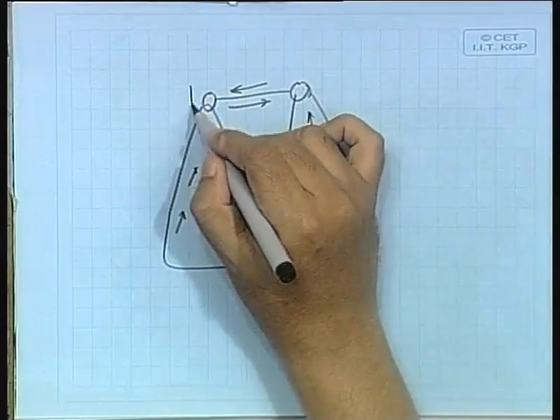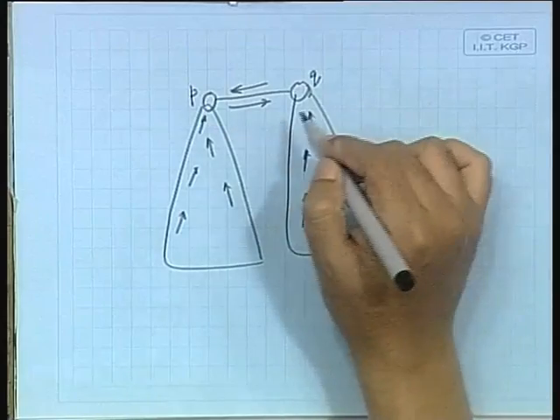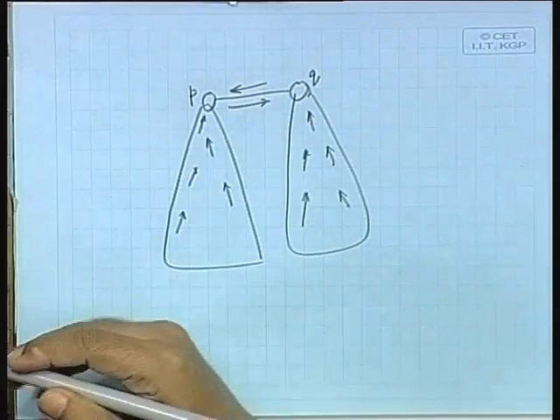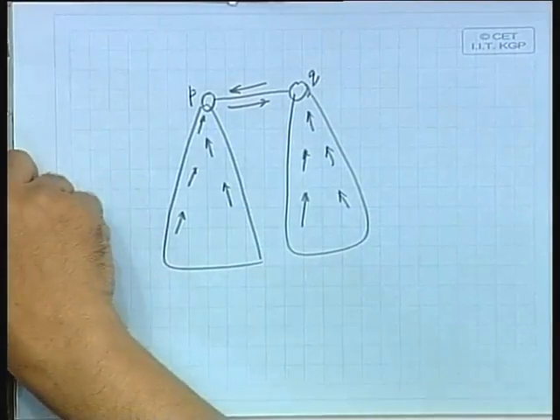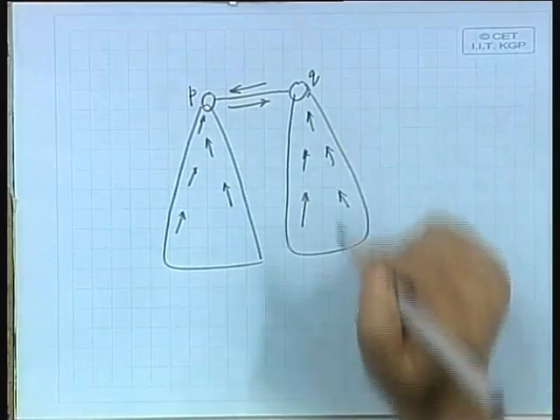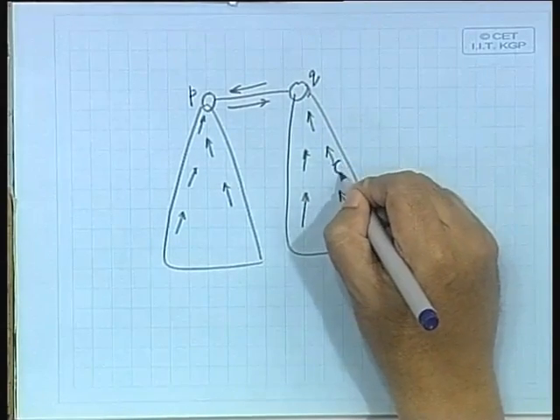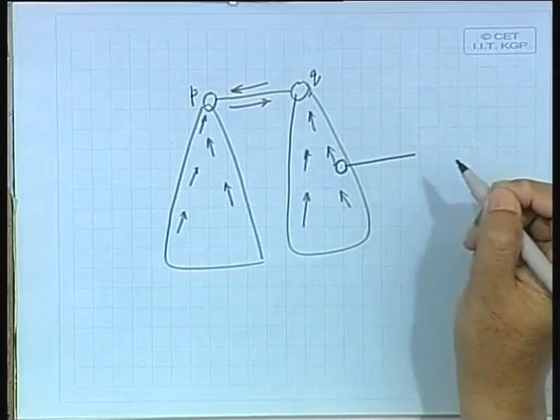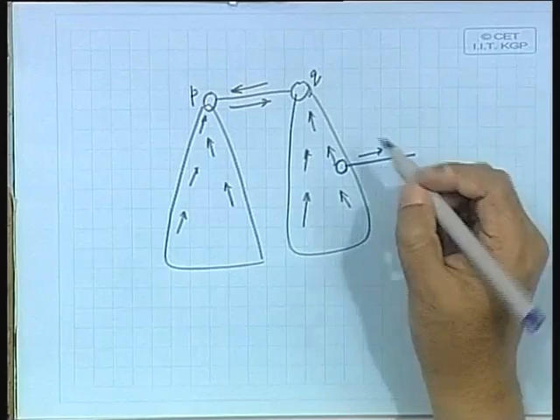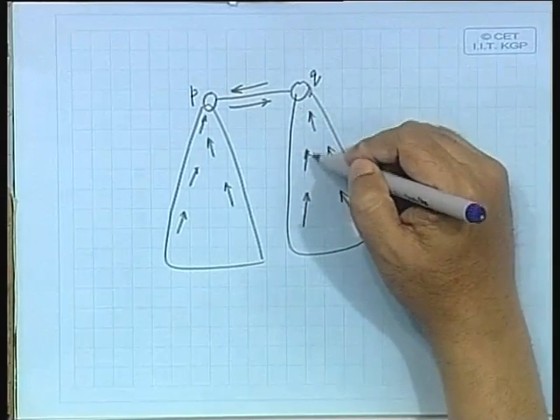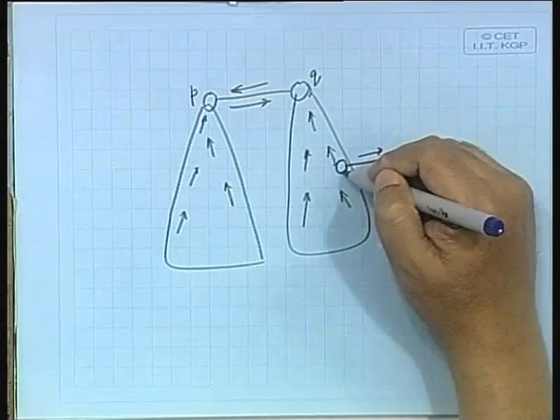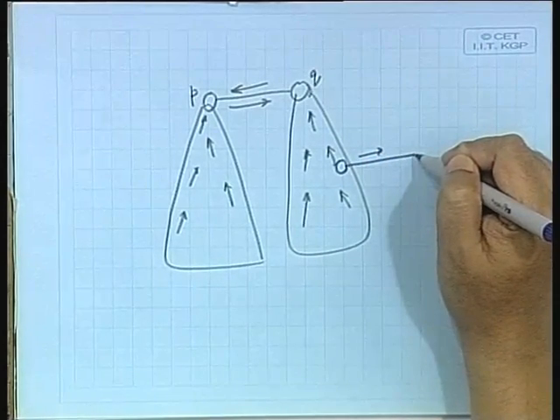Now, both P and Q know which is the minimum. Suppose, without loss of generality, it is in the subtree rooted at Q, right. Now, what should happen? The node from which that outgoing edge is there, this is the least cost outgoing edge, should send a connect message. So, Q will now propagate the information down towards this node, and then this is going to send the connect message, right.